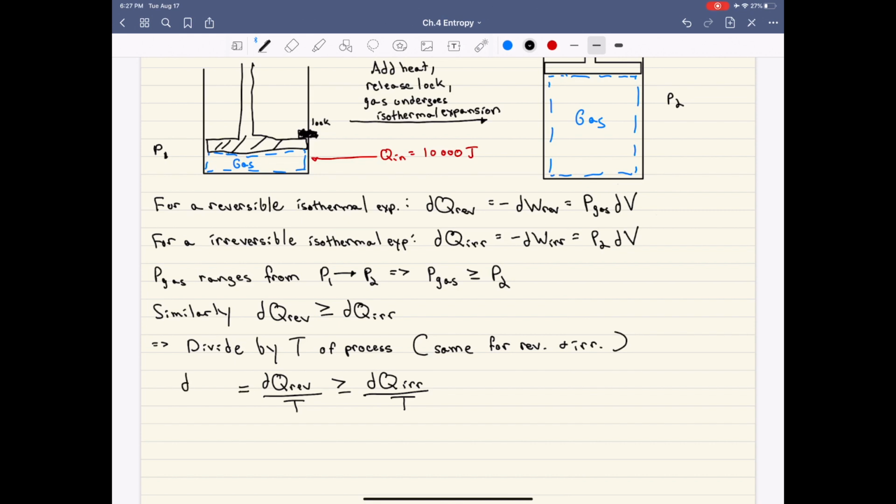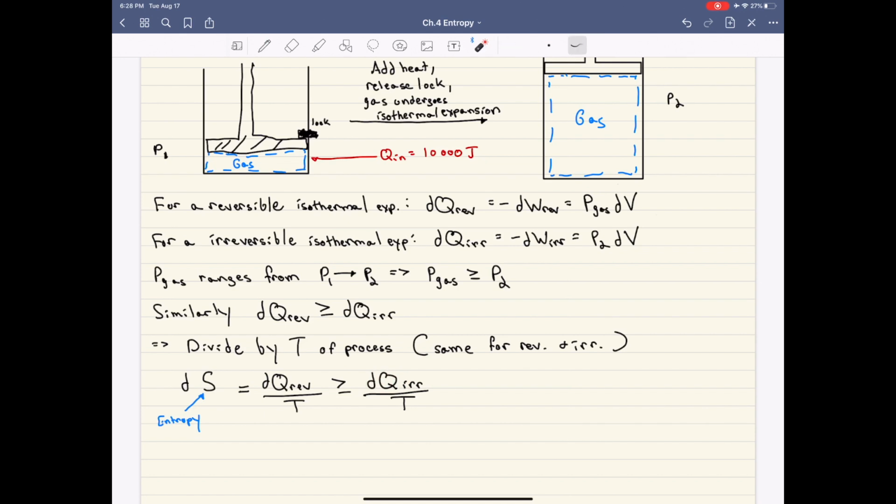We're going to call this ds, where this S stands for entropy. Right? And so essentially what we have here is that the derivative of entropy is equal to the derivative of Q reversible divided by temperature. And this ds is going to be greater than or equal to dq irreversible divided by temperature.